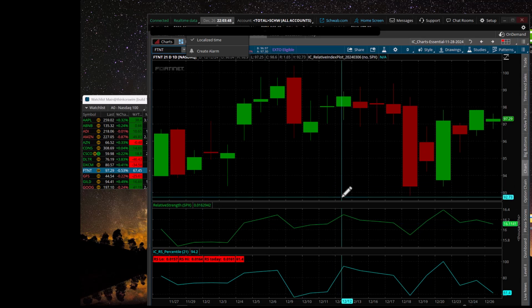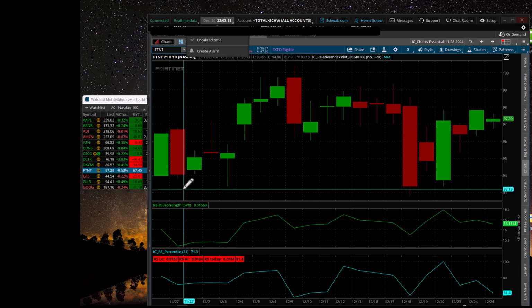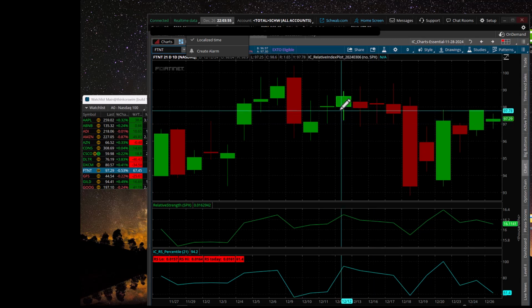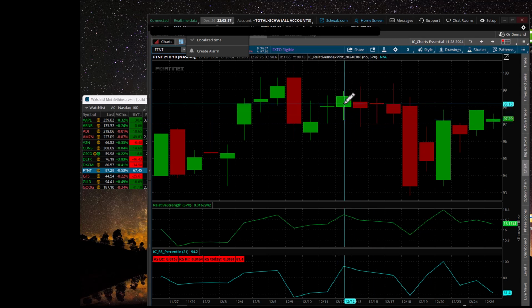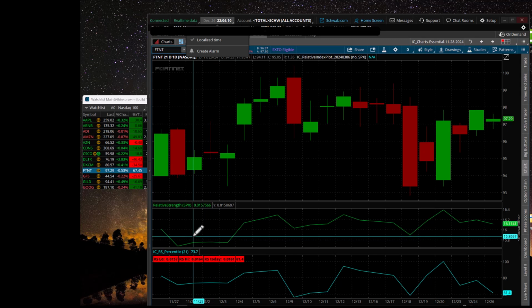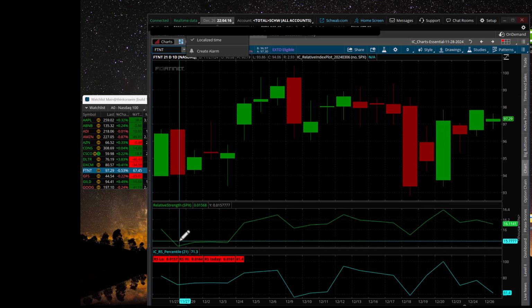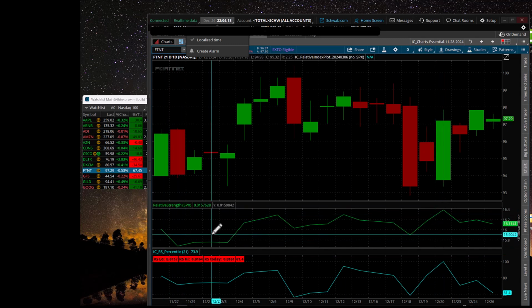On any given bar, you can see the instantaneous ratio of the closing stock price divided by the S&P 500. And as you look at this plot of the relative strengths over time, you can see that there are certain areas where the relative strength is higher and certain areas where it's lower.